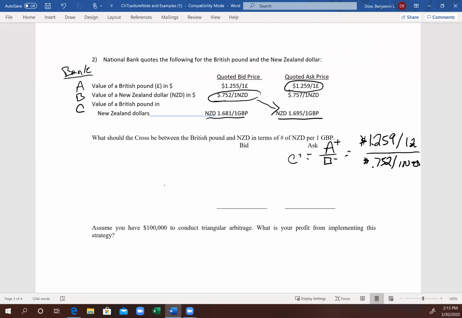In other words, the cross rate should be 1.674 New Zealand dollars per pound on the ask.